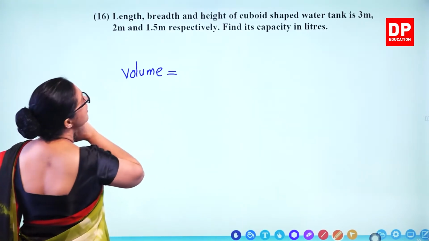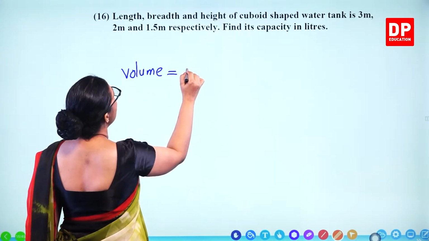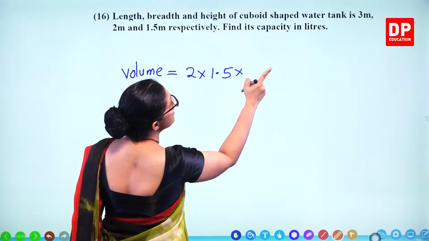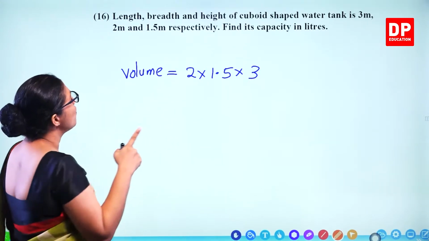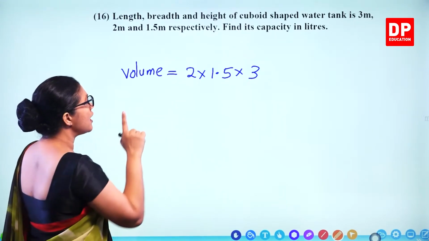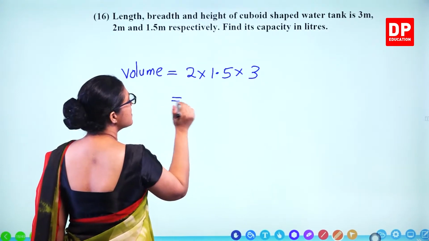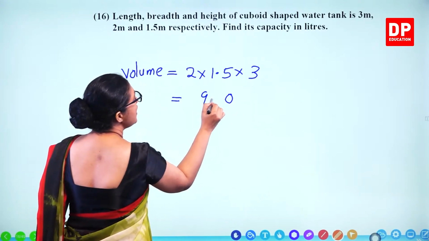Volume of the cuboid shaped water tank is length times breadth times height. Length is 3, 2 and 1.5. The order is not important in multiplication. So what's the answer? 6 times 1.5 is 9.